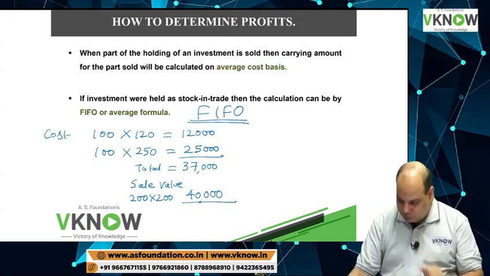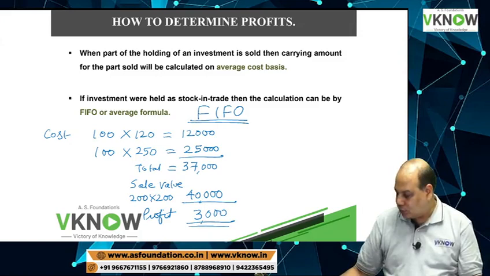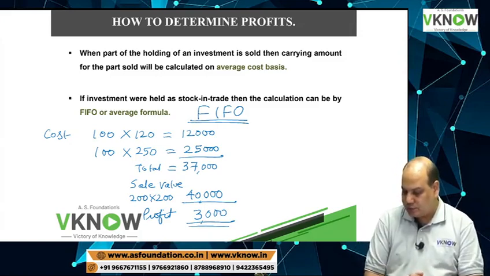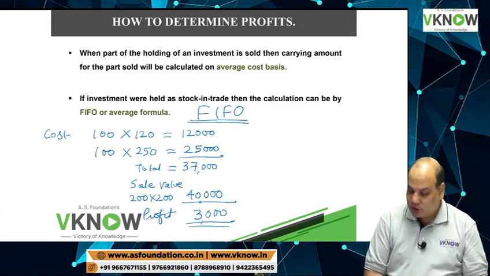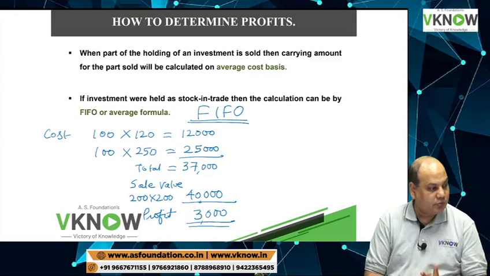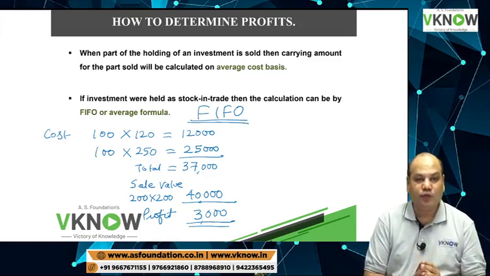Therefore, the profit will be 3,000. Is the profit 3,000? This is called FIFO method.